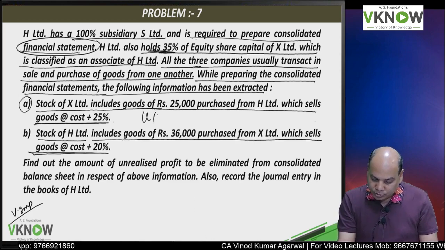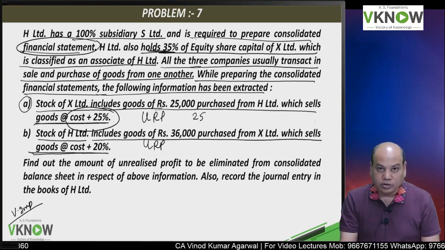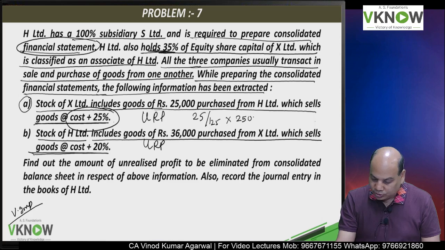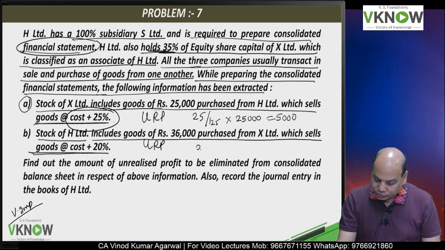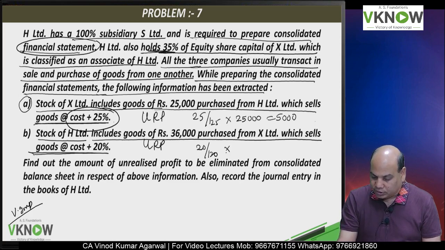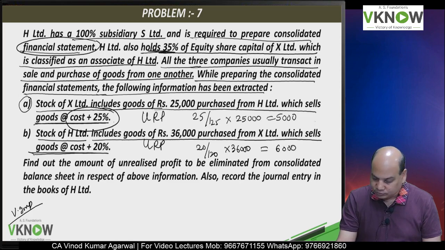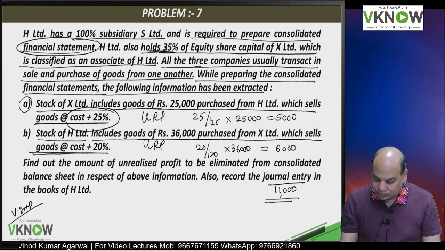So you have to compute unrealized profit on this. When the profit margin is given on cost, you will take 25 by 125 into 25,000. So unrealized profit is 5,000. 20 by 120 into 36,000, that is 6,000. So total unrealized profit is 11,000.